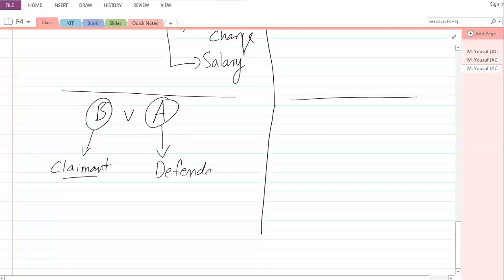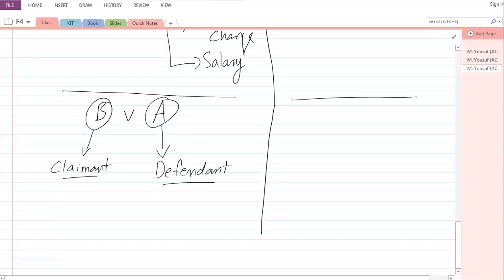He will defend the case. He will defend the proofs. So the case name will be B versus A. The first name is of the claimant, the second name is of the defendant. So B has sued A.